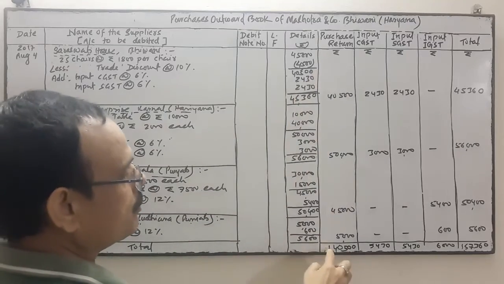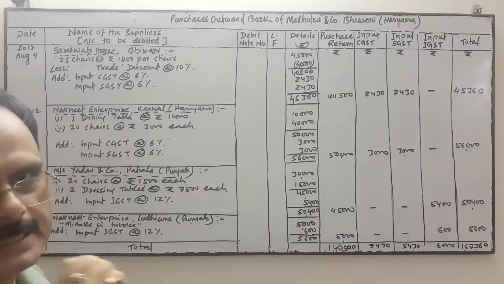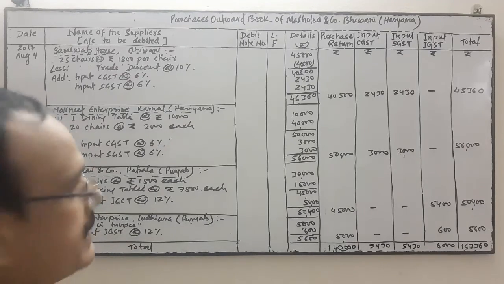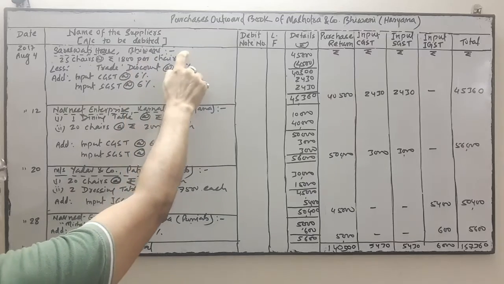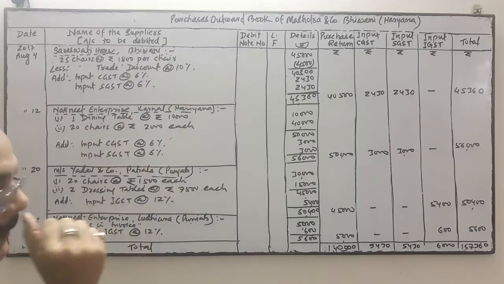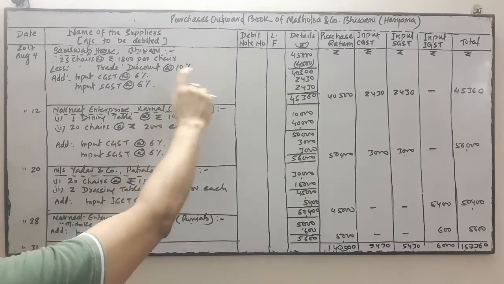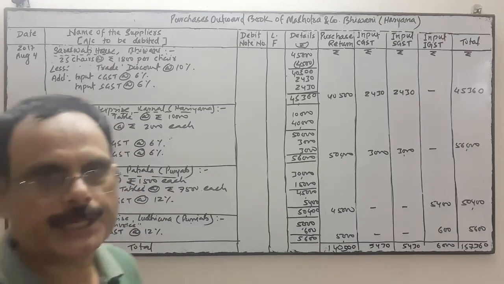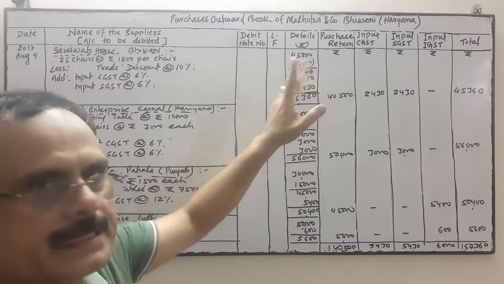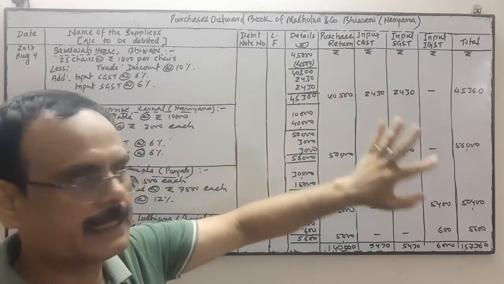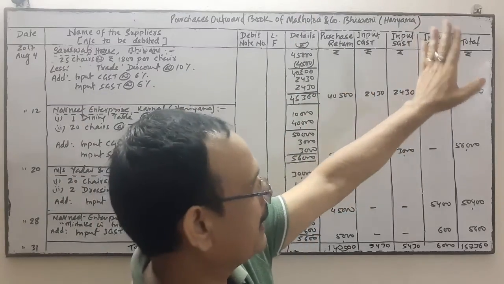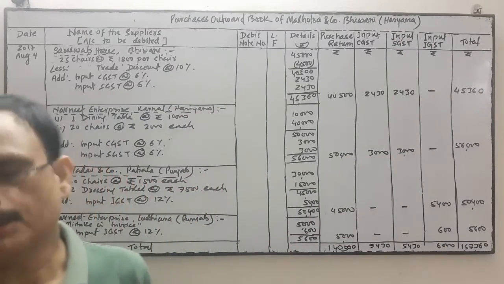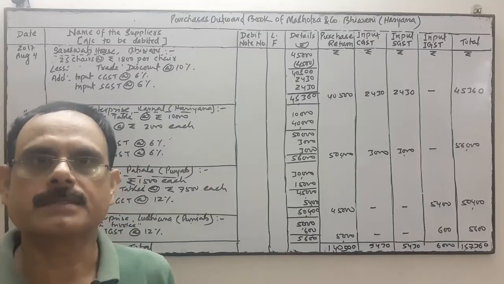Purchase return total will be posted in the credit side of the purchase return account, and the supplier's account will be debited. Supplier's account debit side, purchase return credit, input CGST credit, input SGST credit, and input IGST account credit. Okay, so the return outward book is completed.